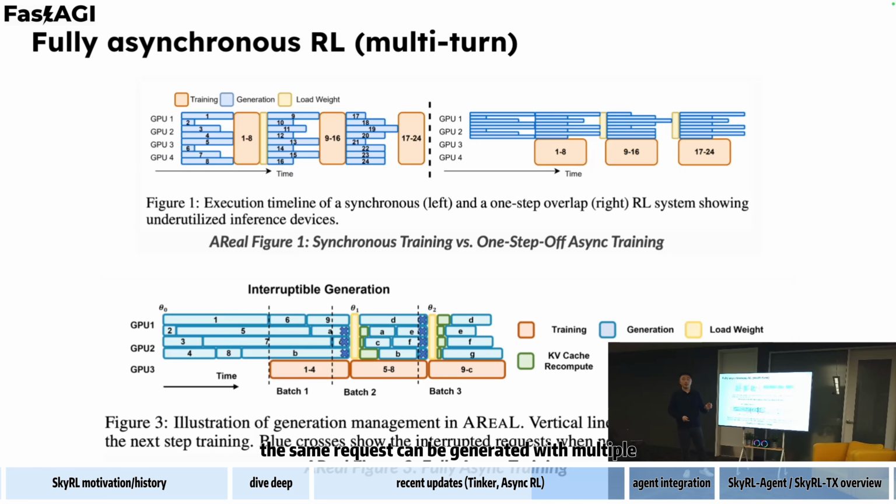In other words, the same request can be generated with multiple model versions. With this, as you can see, there's no straggler because you don't need to wait for any specific request. You just preempt them and then continue with the new weights.